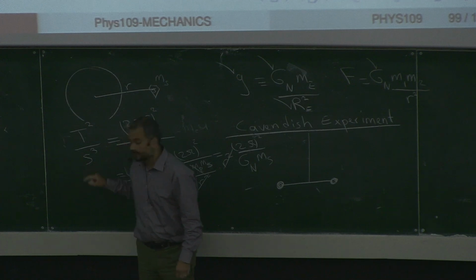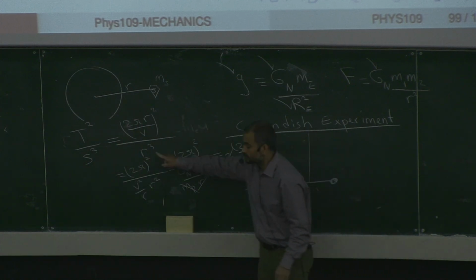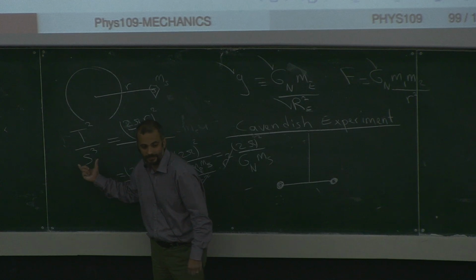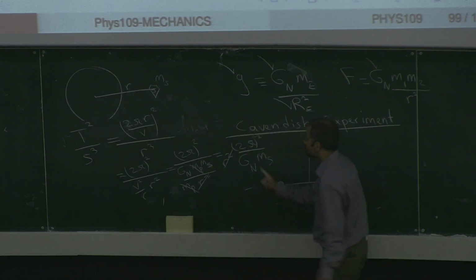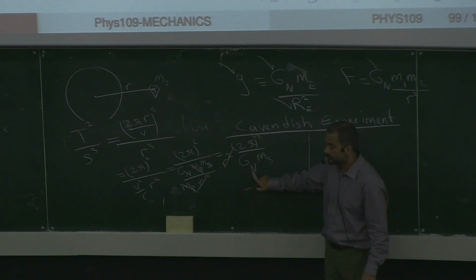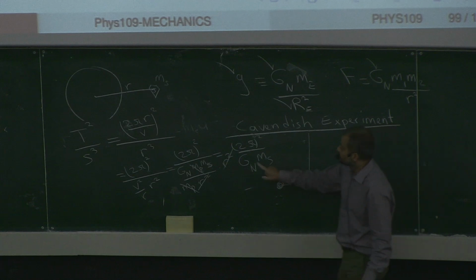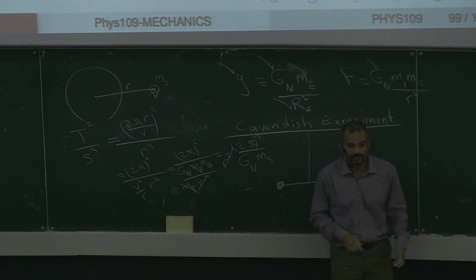You can determine the distance of Earth from the sun, so that gives you this R. So this ratio is known for Earth, and it is the same for any planet. The 2 pi is just a constant, and Newton's constant is measured by the Cavendish experiment. So by observing that ratio T squared over S cubed for planetary motion, we can determine the mass of the sun.